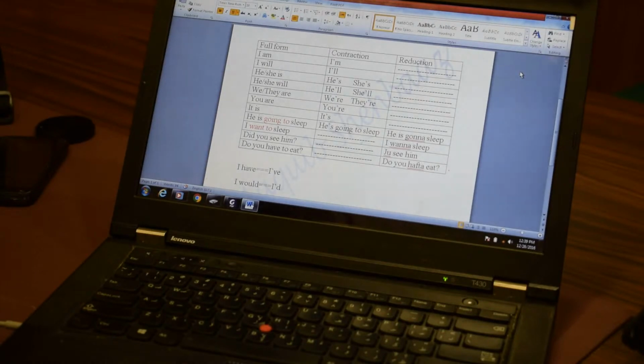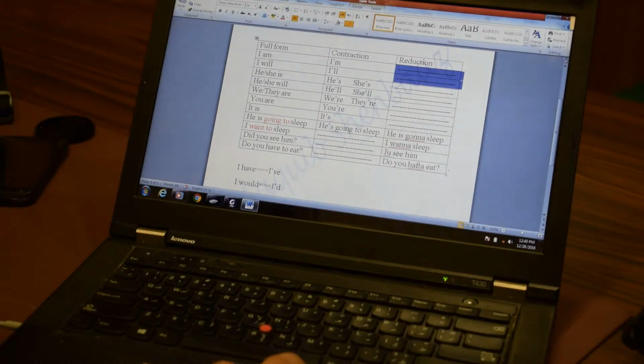Here you can see the full form is I am, and the contraction is I'm. You use I and apostrophe m. Now, as you see the difference, this is a contraction and there is no reduction for this. I will becomes I'll, I apostrophe double l, and there is no reduction.